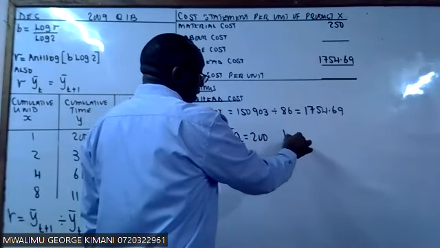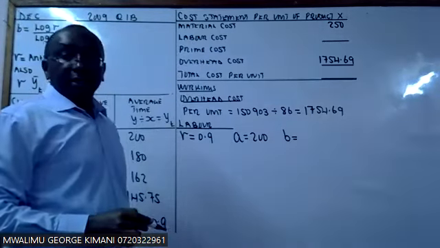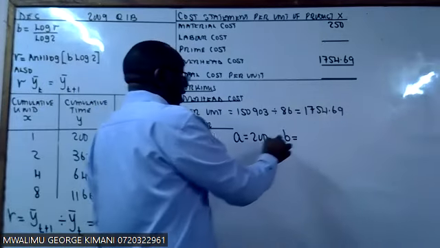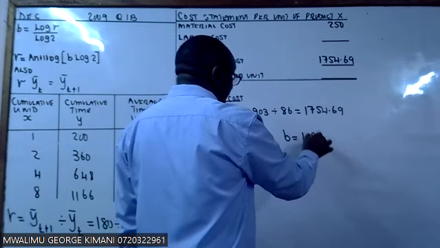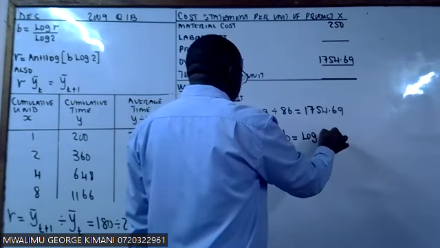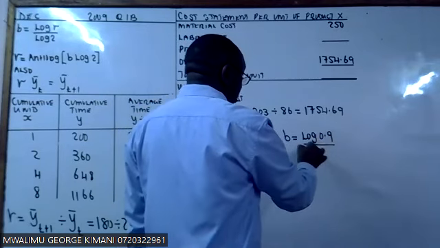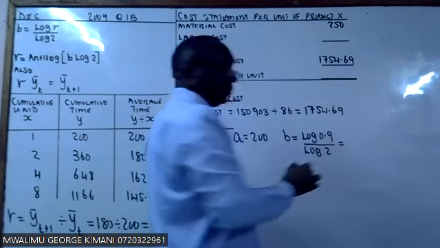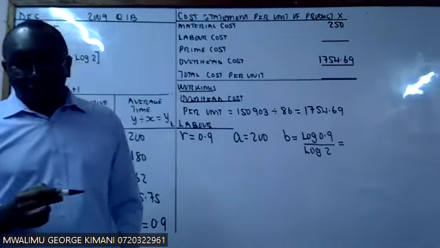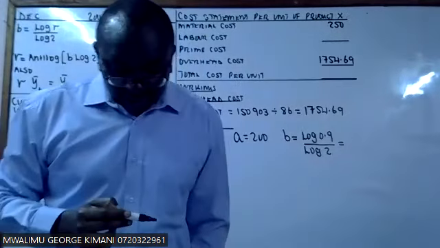The next one is B. And B is the logarithm of R. So the logarithm of 0.9, which is to be divided by the logarithm of 2. So you must secure that very fast.